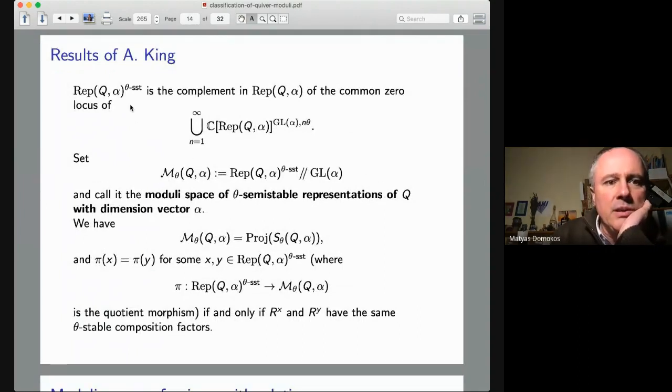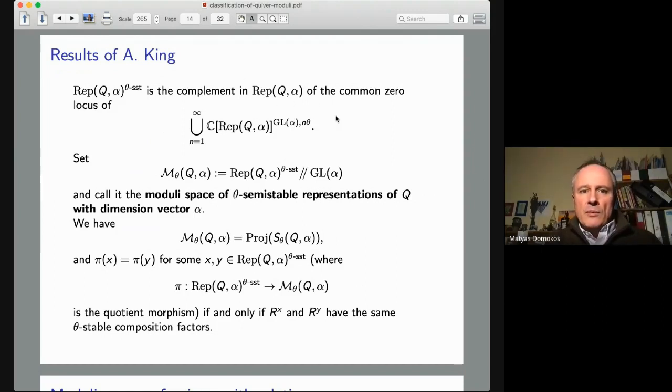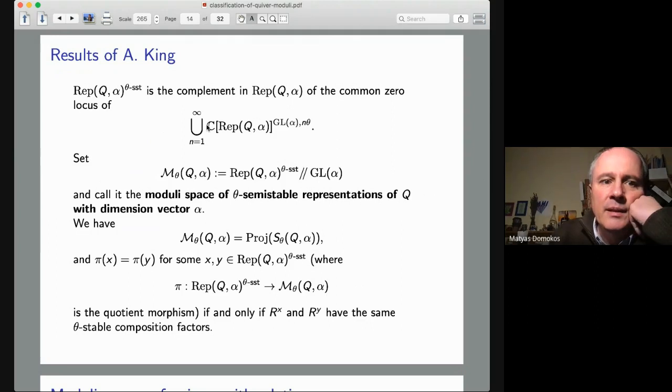And King shows that this subset of theta semi-stable points in the representation space is the complement of the common zero locus of the relative invariants whose weight is n times theta for some positive integer n.